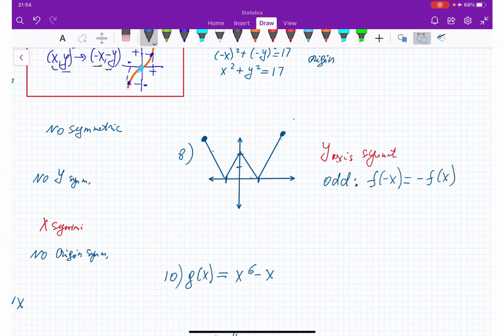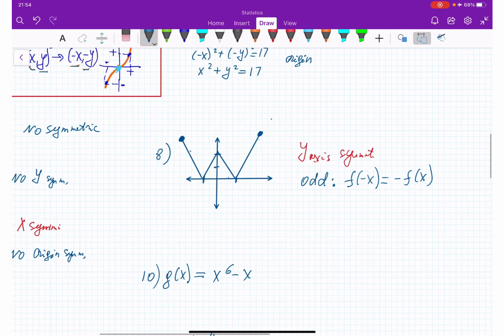I'll explain in a minute. For even, we should get f of negative x is equal to f of x. All right. And then if none of them is satisfied, then it's neither.